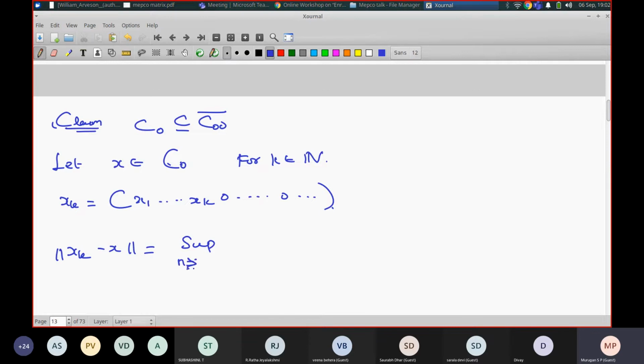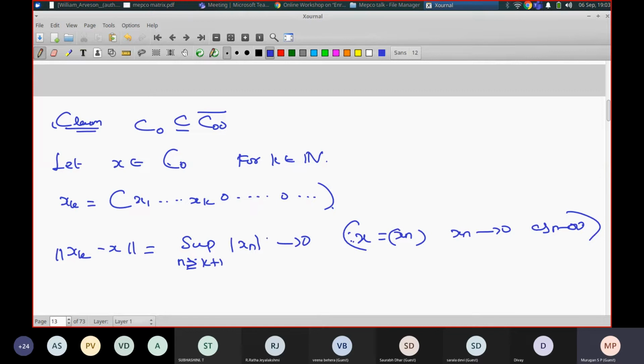It is the supremum over n greater than or equal to k plus 1 of the modulus of x_n, right? This sequence x_n converges to 0, because we are taking x in c_0. Therefore, this sequence x_n tends to 0 as n tends to infinity, right? Therefore, if you take k tends to infinity, then this will go to 0.